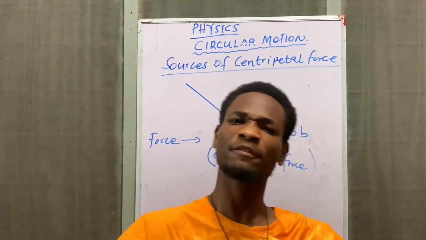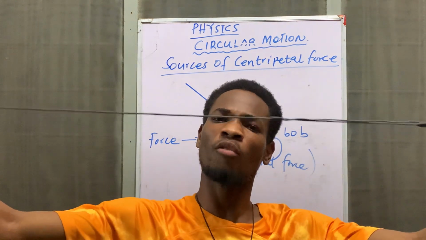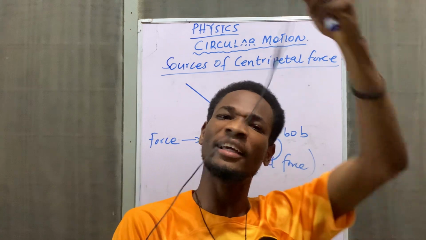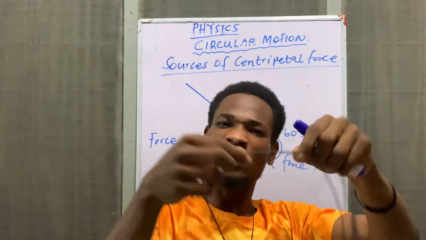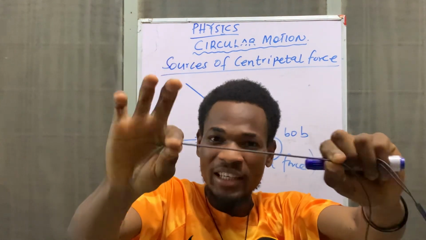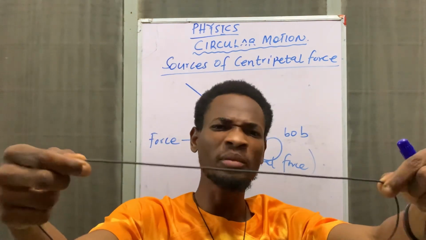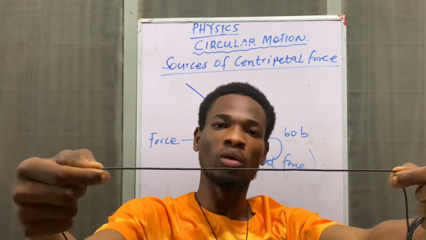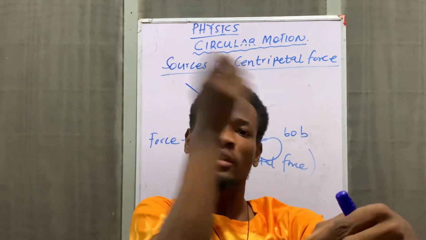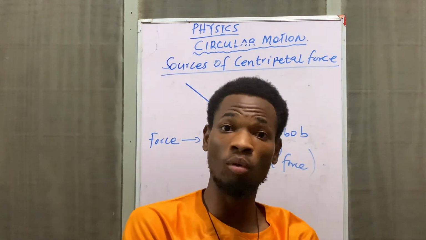So let's come back. If I whirl this in a circular form, you realize that there is a force operating within the thread or the string. In the absence of that force, you cannot whirl it in a circular form so as to perform circular motion.